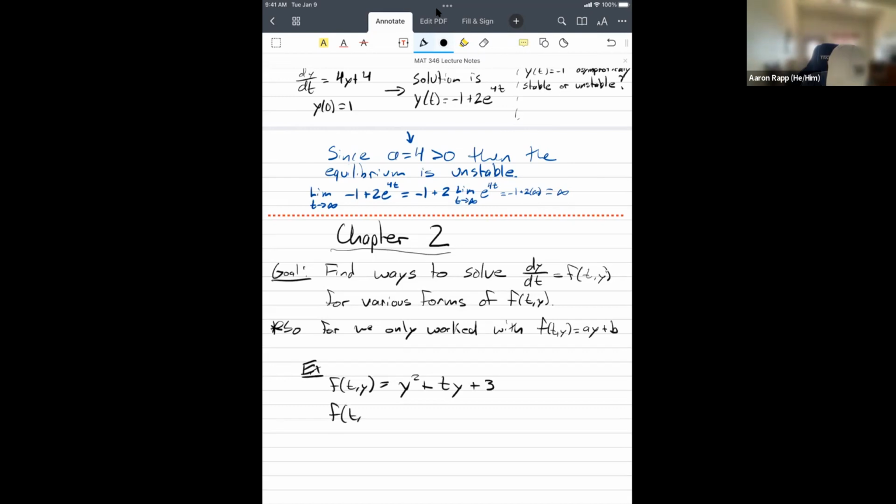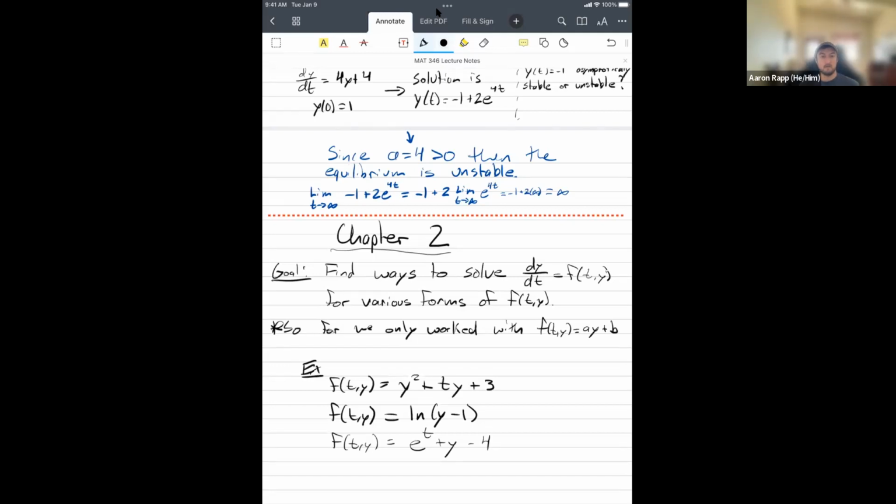Or natural log of my solution minus 1. Or, I don't know, just to get one more because rule of 3 is awesome, e to the t plus y minus 4, right?